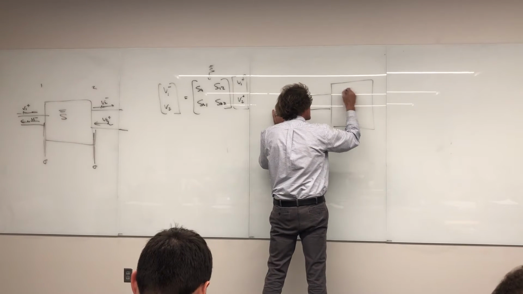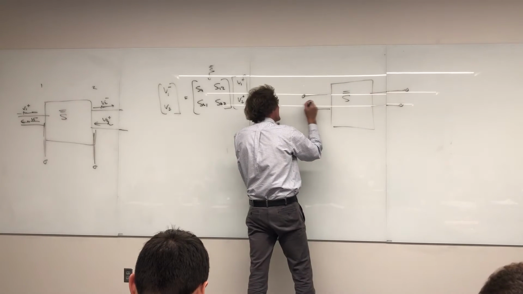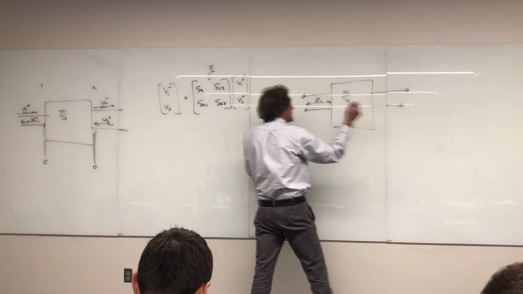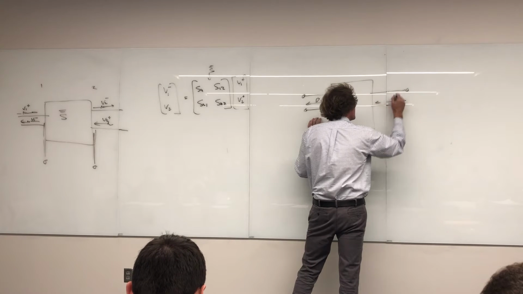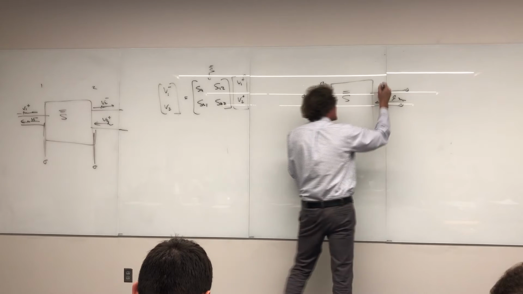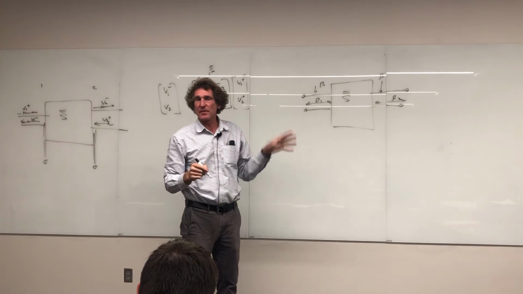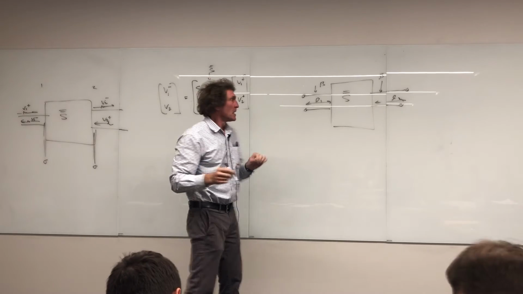Here's my S matrix, and then I have another length of cable. This length is going to be L1, and this length is L2. This has a phase constant beta. This has phase constant beta. It could be beta 1, beta 2, but I'm going to just leave it as beta for now, assuming they're the same.